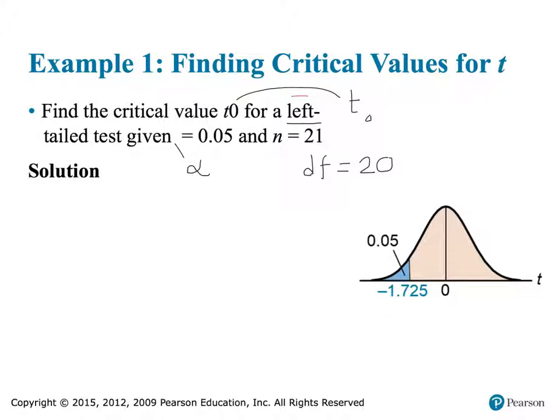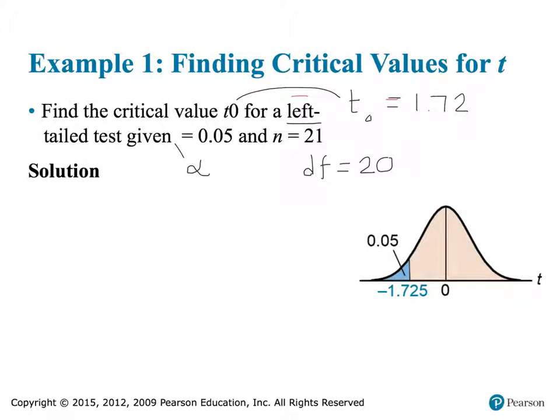So if you look in your table, you go to the row labeled 1 tail alpha at the top, find the alpha level 0.05, the second column, go down to degrees of freedom equal to 20, you should see a critical value there of 1.725.